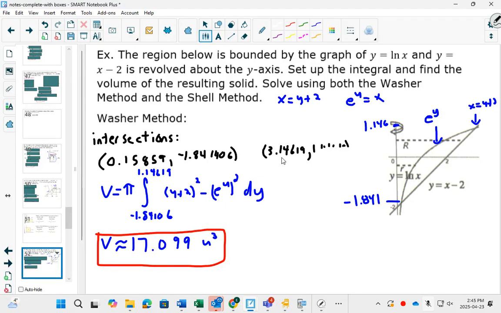I will just rewrite it, 1.14619. Perfect. Yes. I don't know if you're muted or not, but you have a mute icon. This thing? This button, I think that's muting sounds out of my computer. Oh, okay.